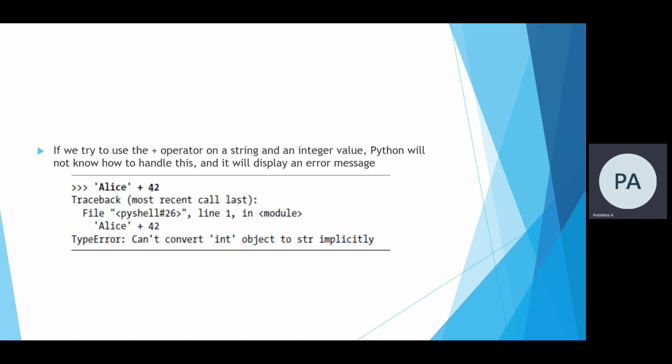This will give an error, because the plus operator can be performed on two integers or two floating point numbers, or on two strings. Only one operand is a string and the other operand is an integer, so it cannot perform addition, and it cannot perform concatenation either. If I make this 42 a string, then I can do the concatenation.